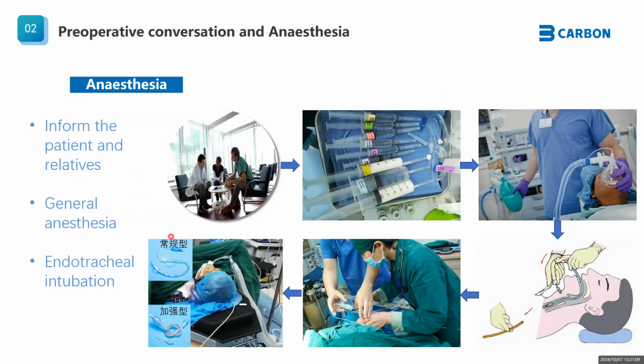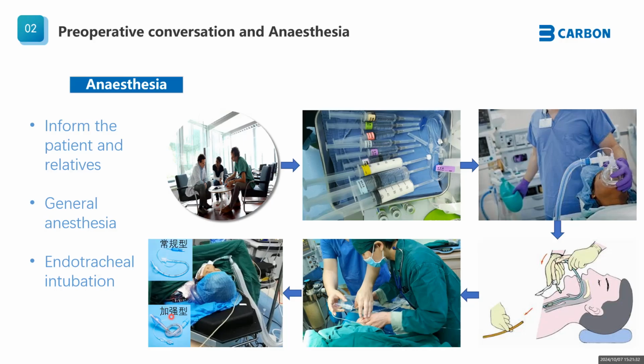For general anesthesia, the doctor should do endotracheal intubation, and clinically there are two different types of tube, the average type and the enhanced type.